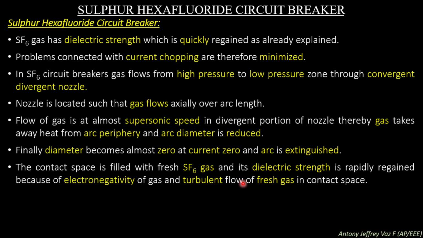Due to the high electronegativity of the gas, once the fresh gas has entered, the ionized gases created by the arc are attracted by the SF6 gas and get neutralized.